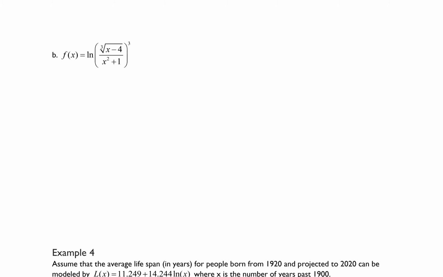Part B says f of x is equal to the natural log of the cubed root of (x - 4) over (x^2 + 1), raised to the third power. So let's rewrite this using properties of logarithms. First, I will bring the power down. So we have 3 times the natural log of the cubed root of (x - 4) over (x^2 + 1).